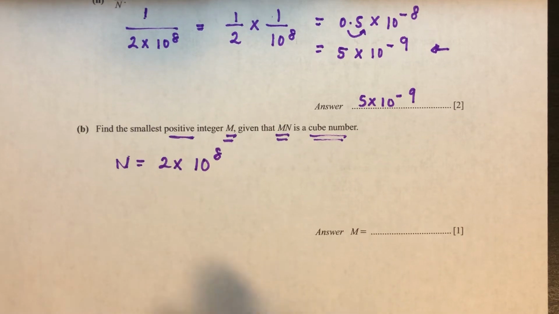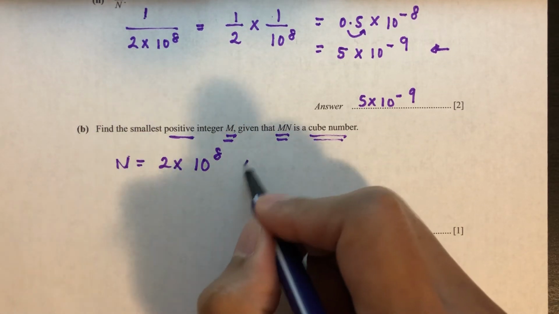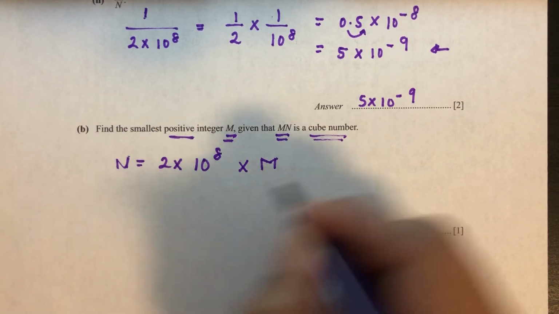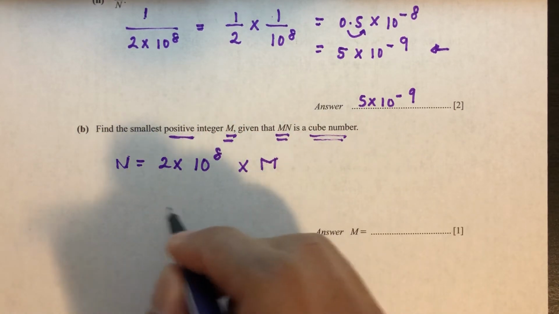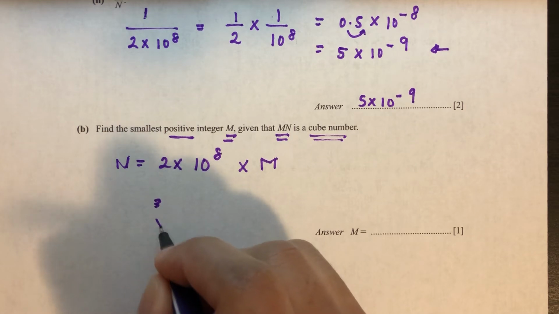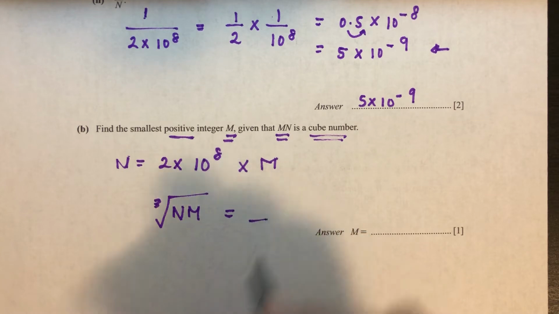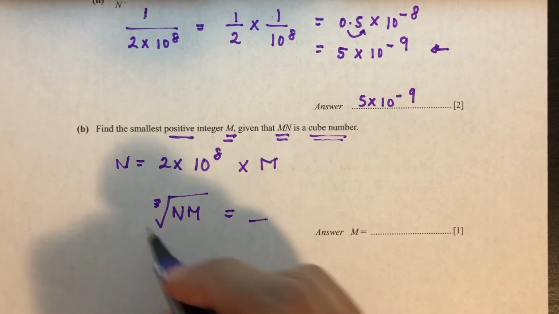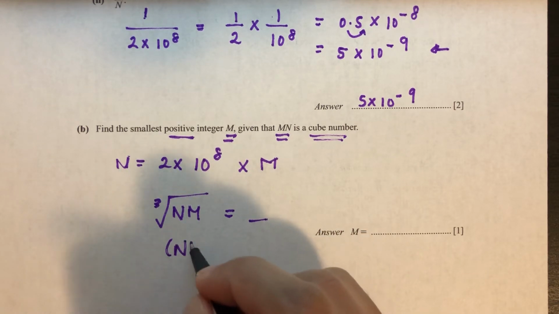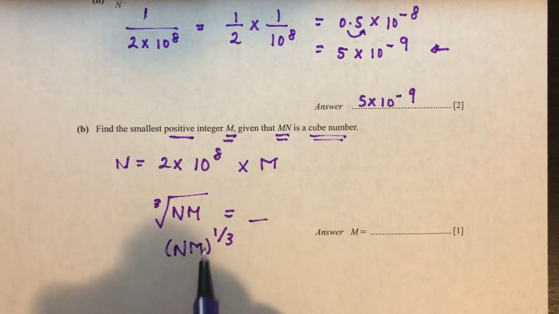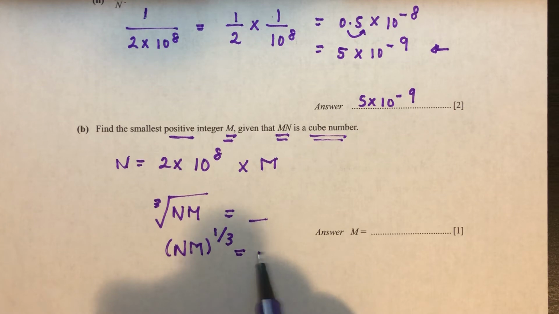Now we need to multiply n by one number m such that it will be a cube number. Cube number means that if we take the cube root of mn, we will get an exact value.